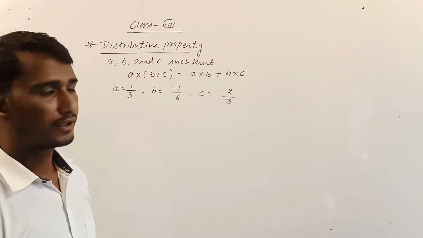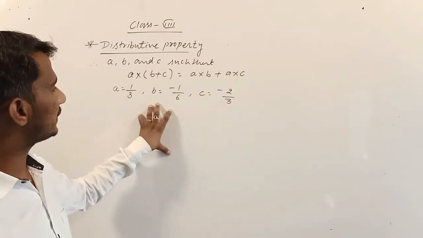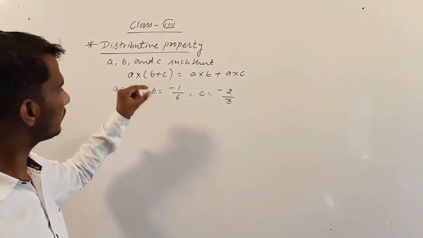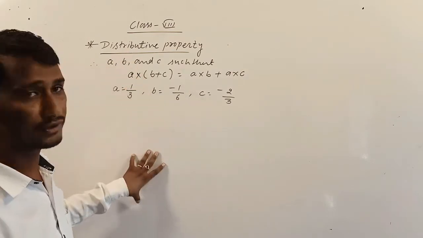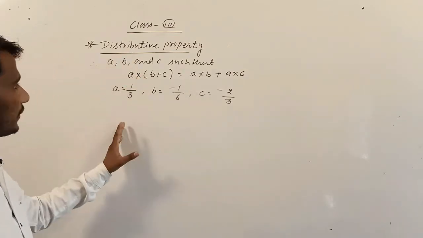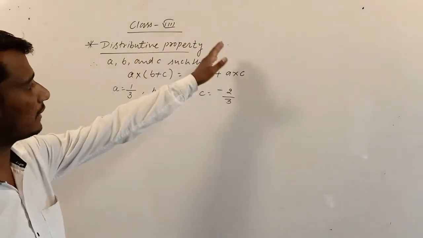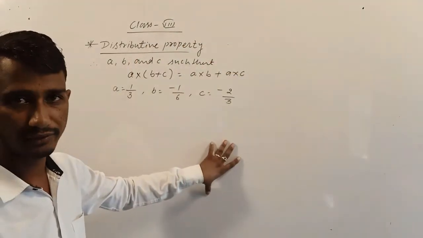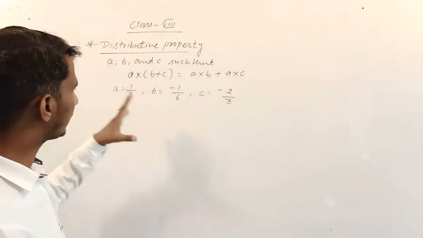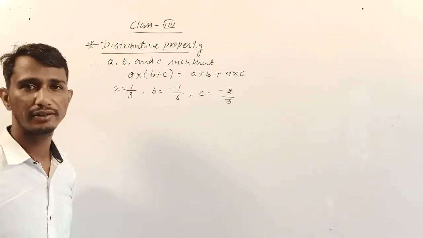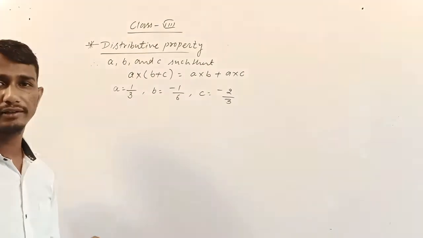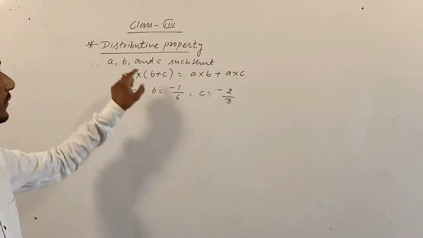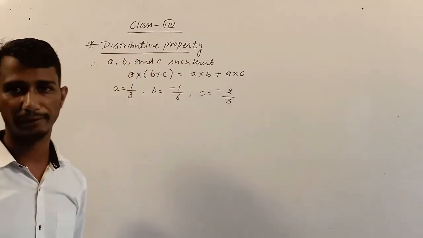First we put these rational numbers in the LHS part and get the solution. After that we put the same values in the RHS part and get the solution. By comparison of LHS and RHS, we will make a statement on whether the distributive property is true or not.